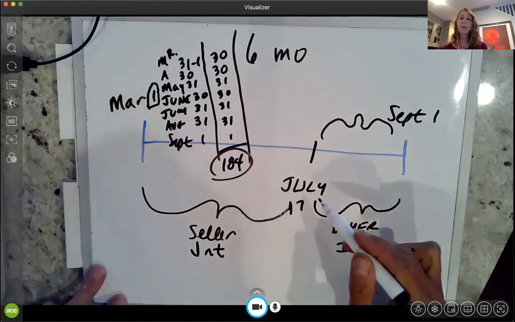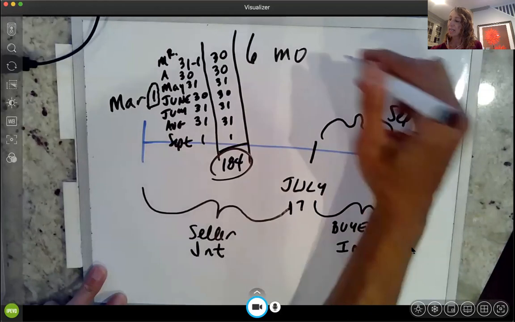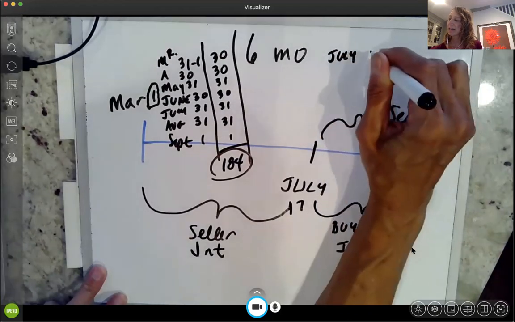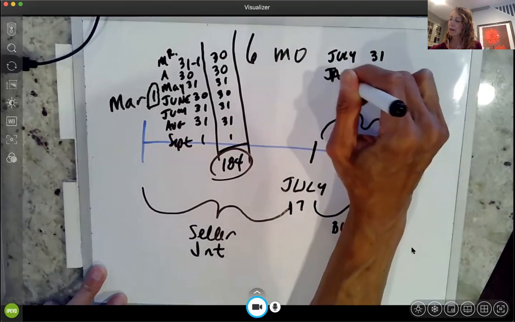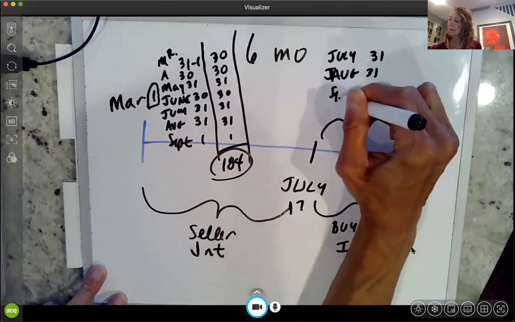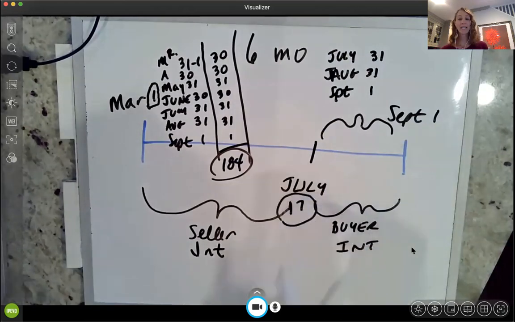We can also count the partial period from July 17th to September 1st. And so if I were to buy the bond on July 17th, July has 31 days. I would also be owning it for all of August. That's 31 days total. And then September, we're going to have 1 day. Now, if I buy it on July 17th, I don't own the interest for that day.